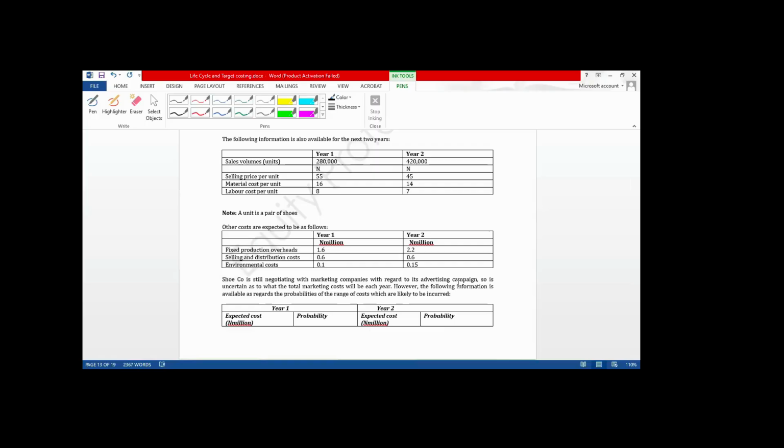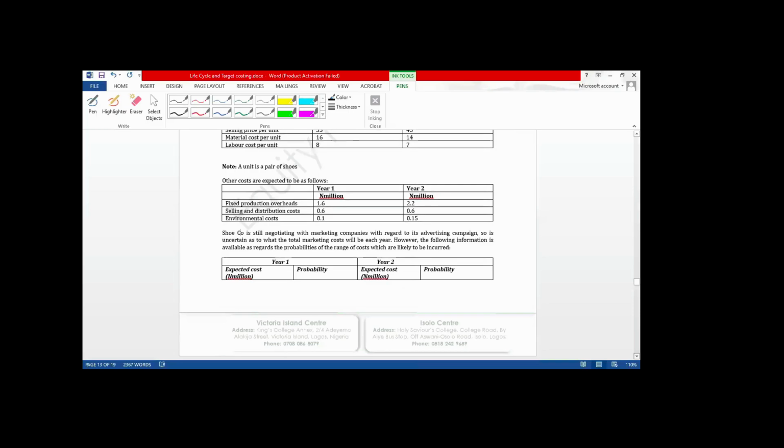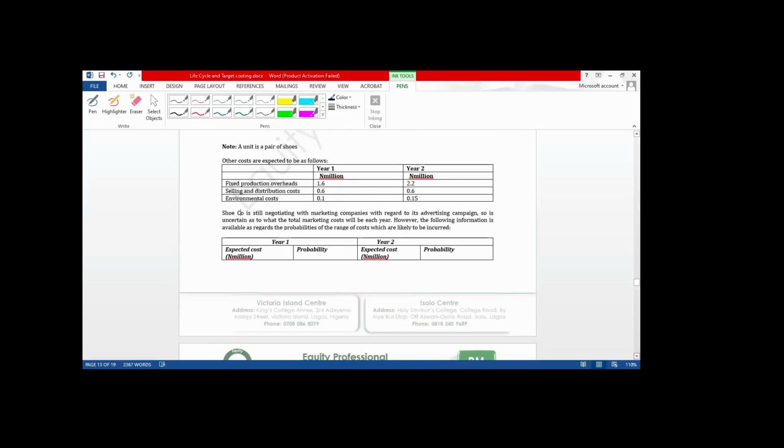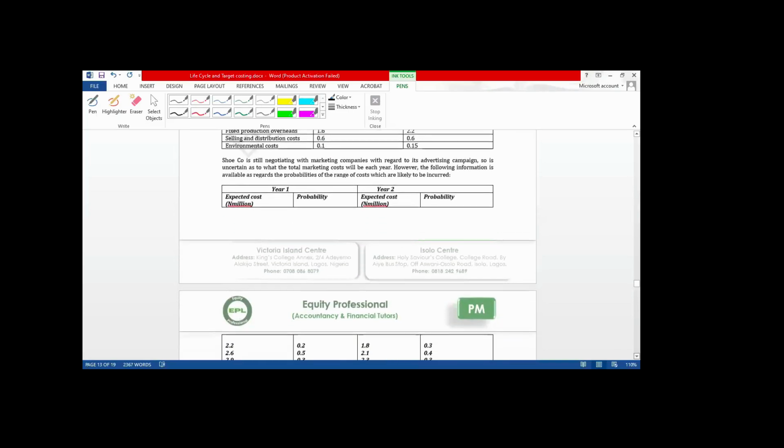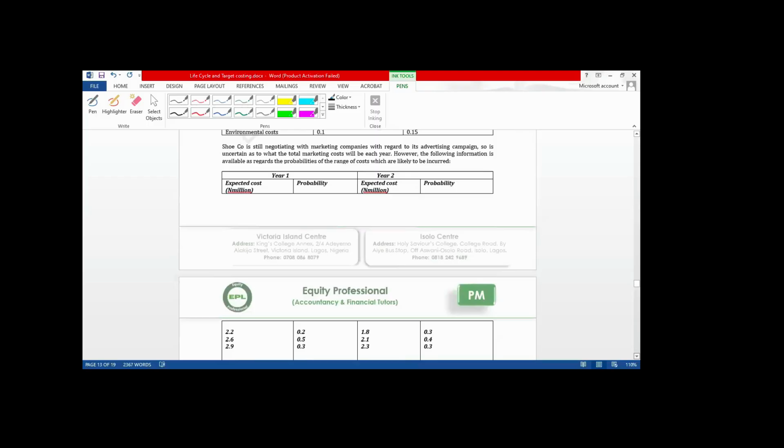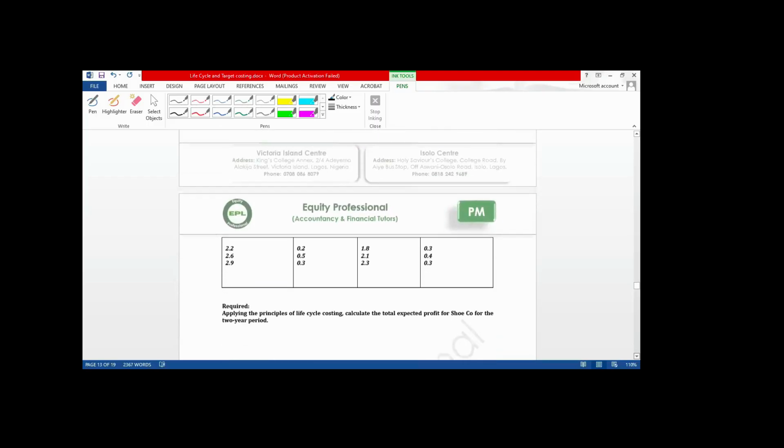However, the following information is available as regards the probabilities of the range of costs which are likely to be incurred. Year 1, expected cost and probability. Year 2, expected cost and probability.